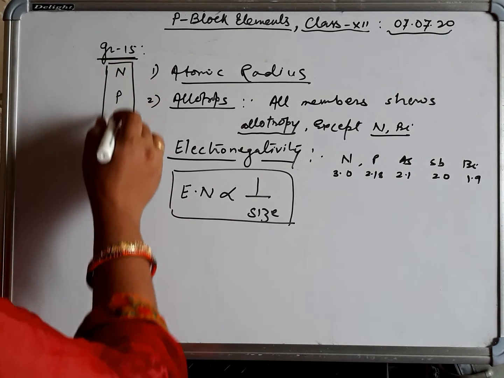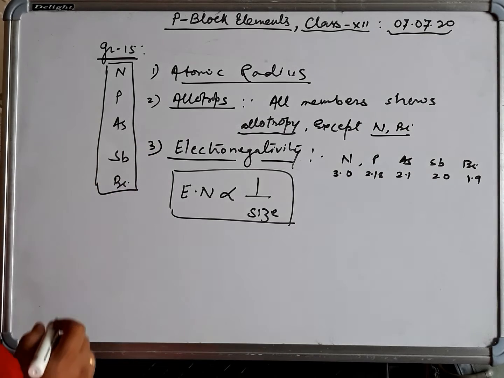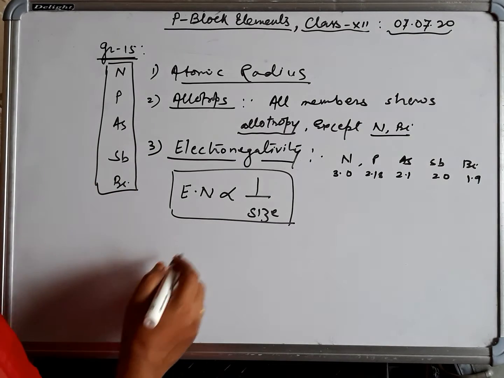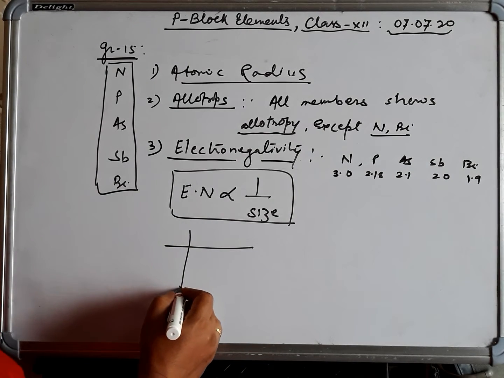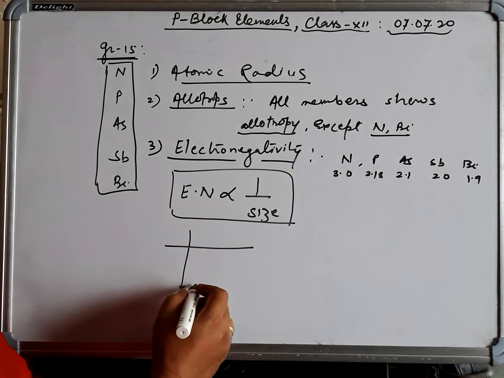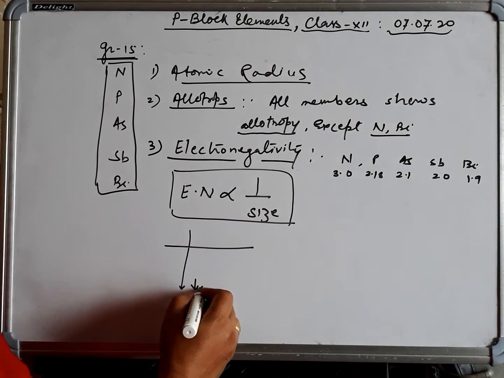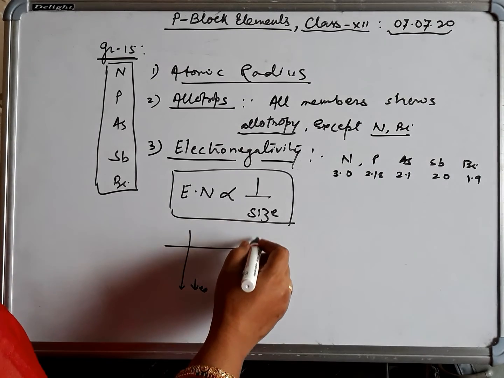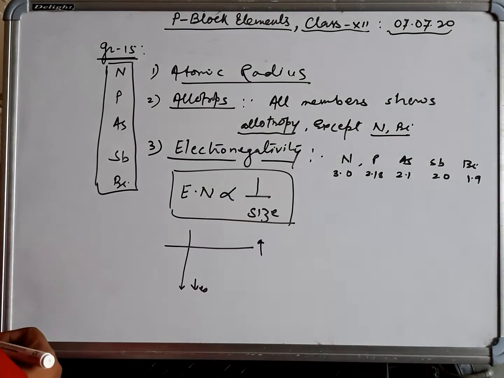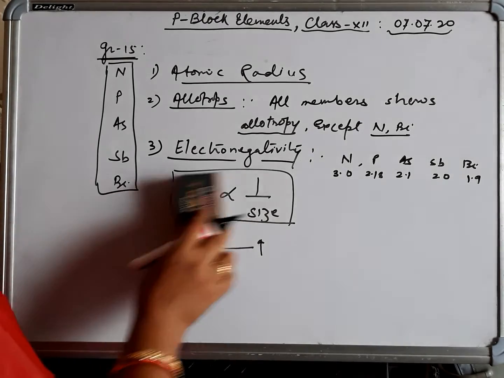When we move top to bottom in a group, the electronegative character decreases. But when we move left to right in a period, the size of the atom decreases, so the electronegative character increases. In that condition, we can easily find the electronegative nature of an atom.